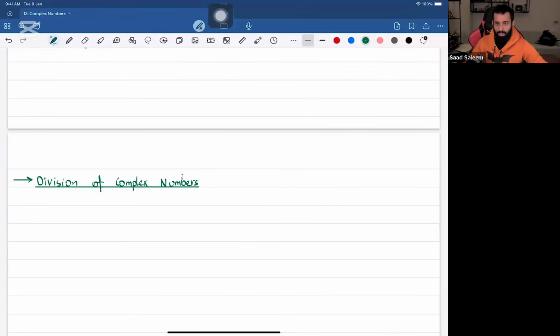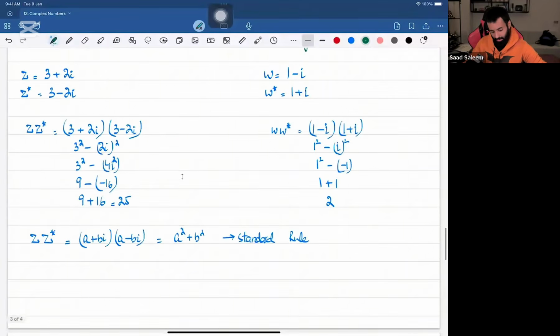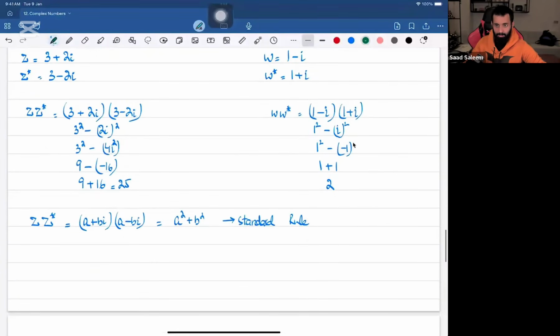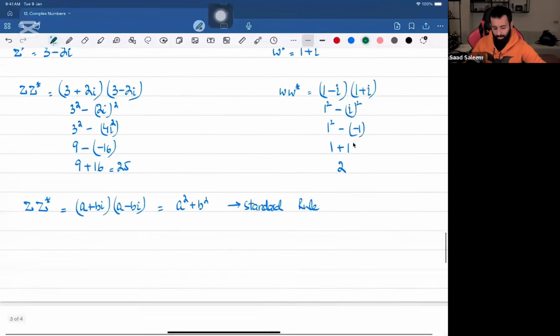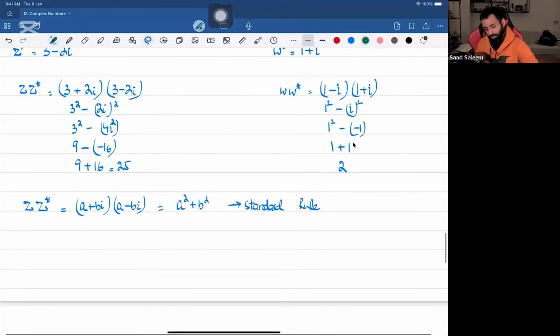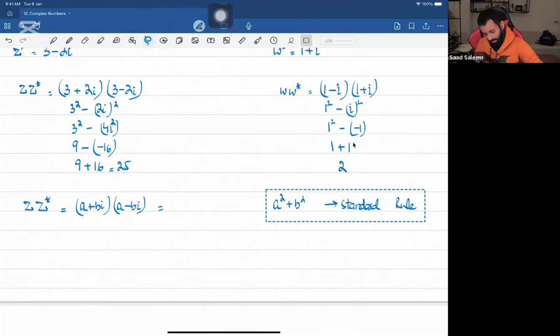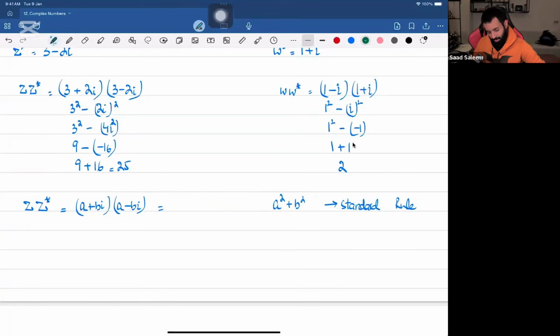So let's say that you have the following. Shouldn't it be? Okay, it is a square minus b square, but then it becomes what? Then it eventually becomes a square plus b square. Why? Let's add an extra layer of working to see how that works. So it is a square minus b iota squared. Okay.